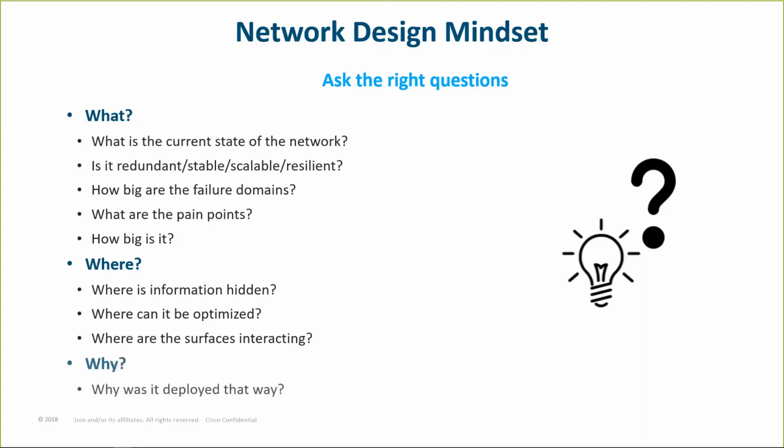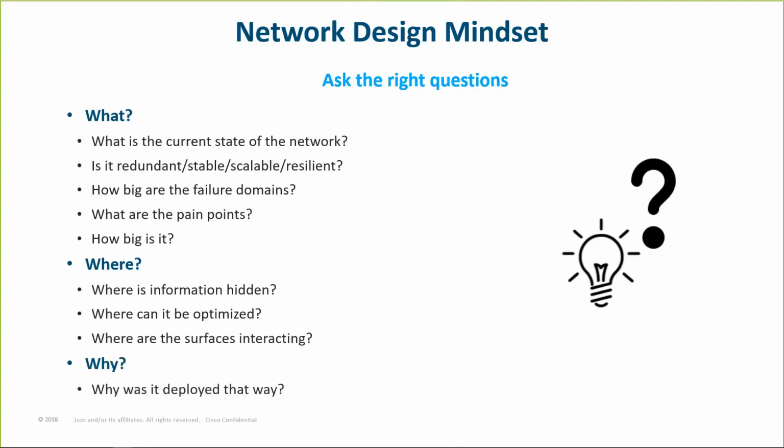Okay? And after you got the what and the where, now we need to know the why. Why was this deployed that way? This is one of the questions that is multi-level. You need to ask the question several times. As an example, why was this functionality deployed? Because we were having problems with stability. Why were you having problems with stability? Because we had a very big failure domain.